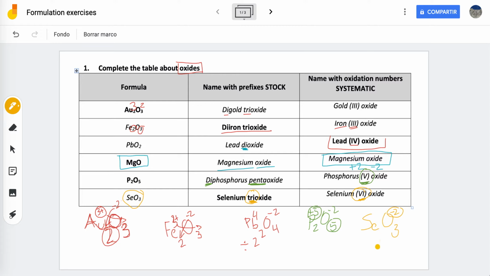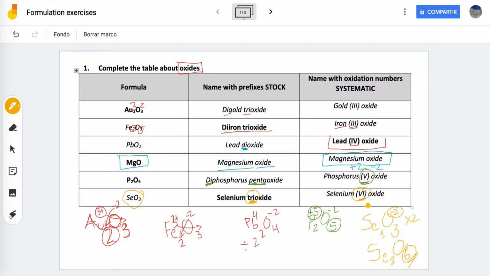Okay, so the original formula: we have a 1 here, because we divided, we don't write it. So we have to multiply by 2 to get the original formula. So 2 multiplied by 1 is 2, and 2 multiplied by 3 is 6. Now we have the oxidation number of the selenium.